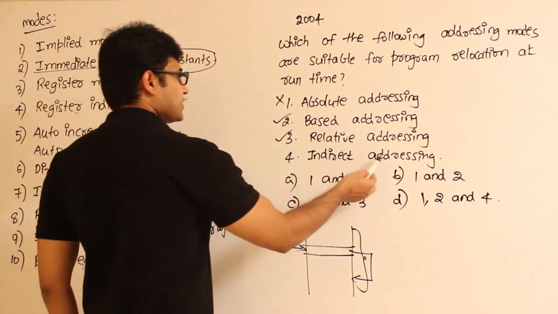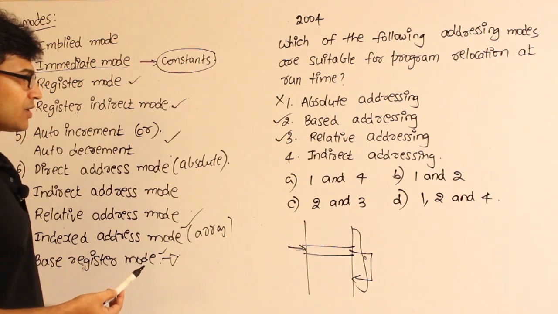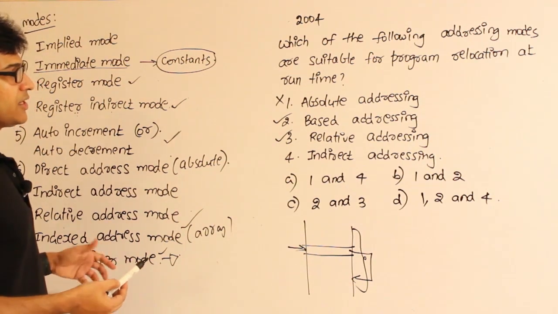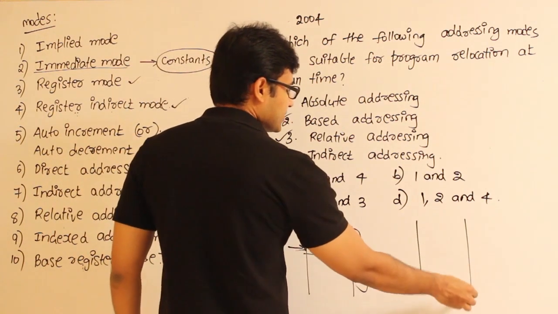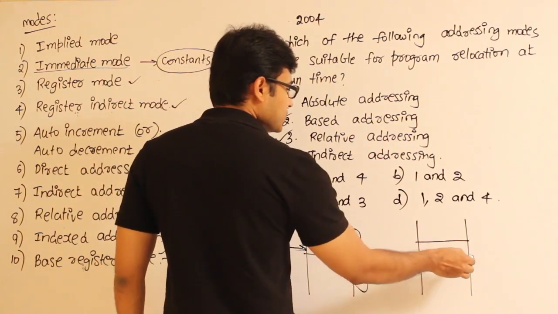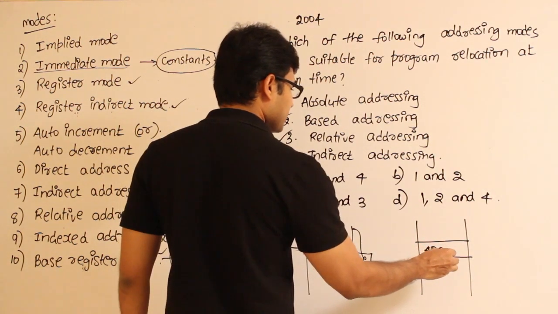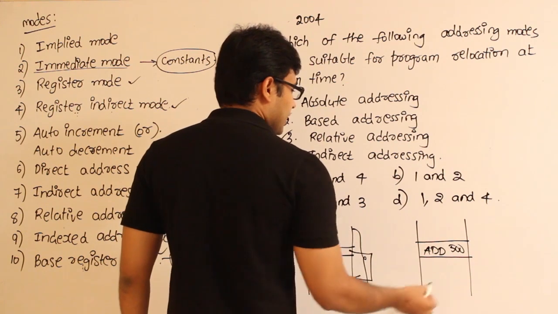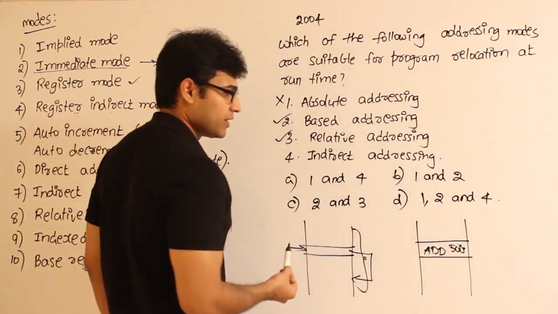What about indirect addressing? Indirect addressing is a problem for relocation, because indirect addressing is also a kind of absolute addressing. The reason is simple. We get an instruction, and in the instruction, let us say it is an add instruction, there is an address, right? Now this particular address is actually not a relative address.